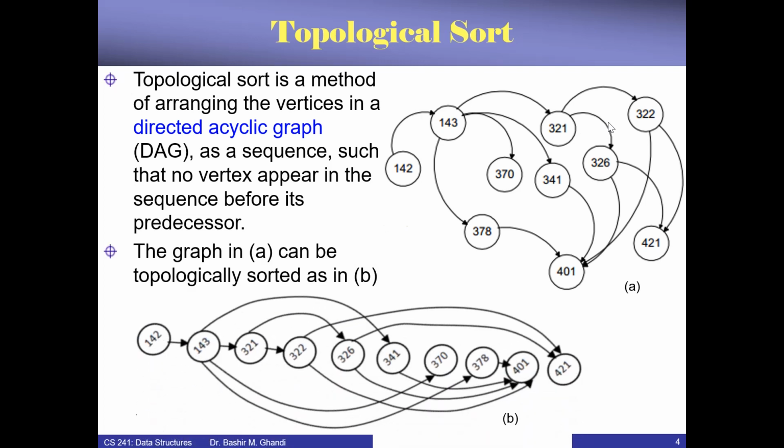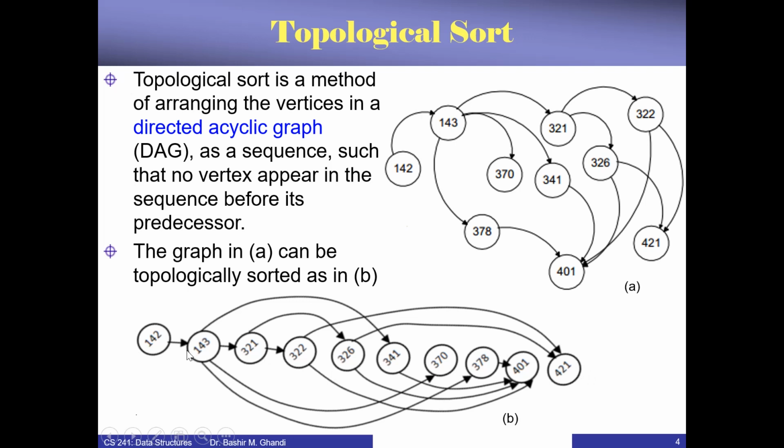To show you the result of topologically sorting this graph so that the definition becomes clearer, this is what we have. So the graph in A can be topologically sorted as in B. So all the vertices in this graph, they are listed here. It's the same vertices, but they are listed now as a linear list.